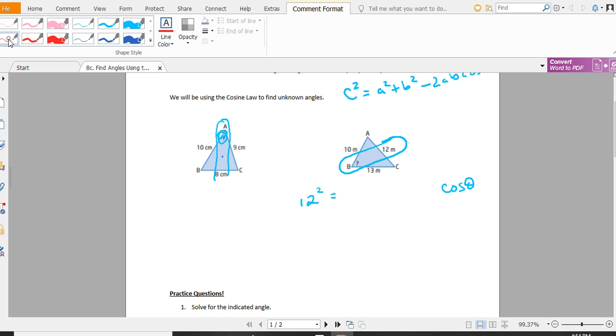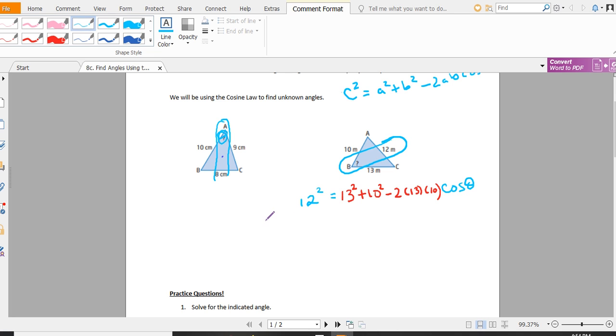So I'm hoping that I could just fill in the rest. 13 squared on the other two sides, so 13 squared plus 10 squared minus 2 times 13 times 10. Okay, so now our job is to isolate for whatever cos theta is.